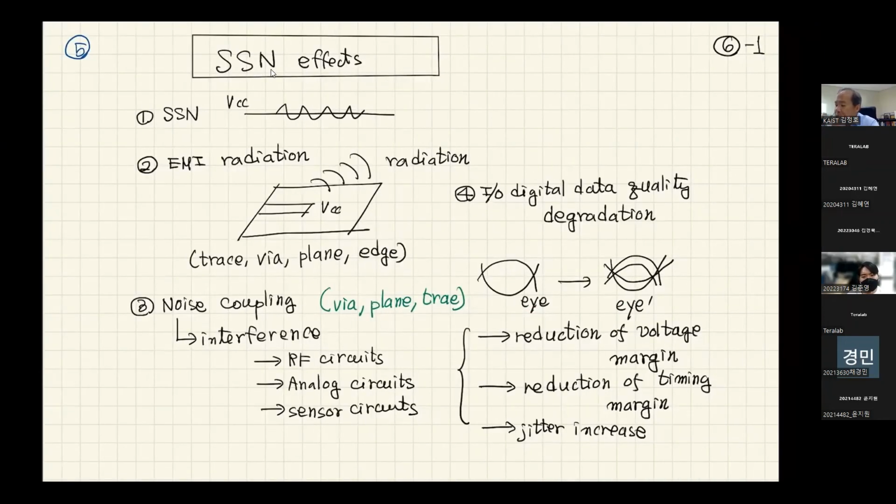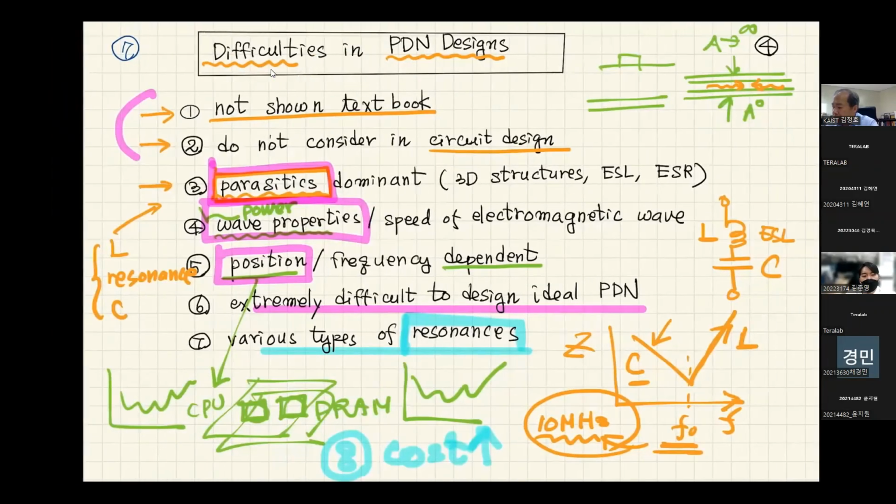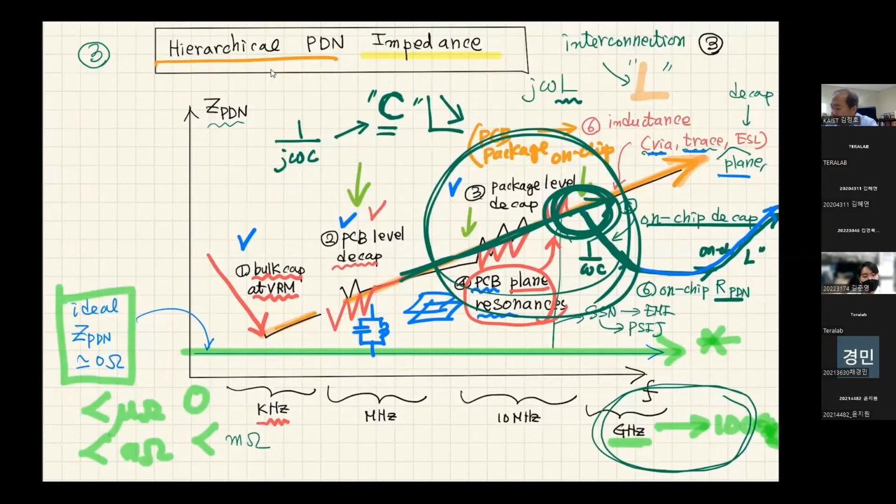So if we have SSN, simultaneous switching noise, let's assume that because we are not properly designing the power supply network, usually at these resonances, we have four different types of resonances here. Probably we're gonna have PCB level resonances, package level resonances, and PCB plane resonances, and resonance by off-chip inductance and on-chip capacitance.